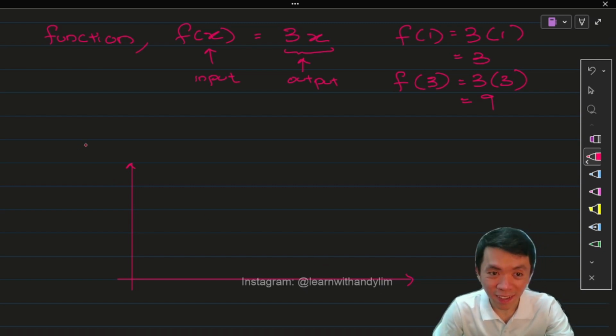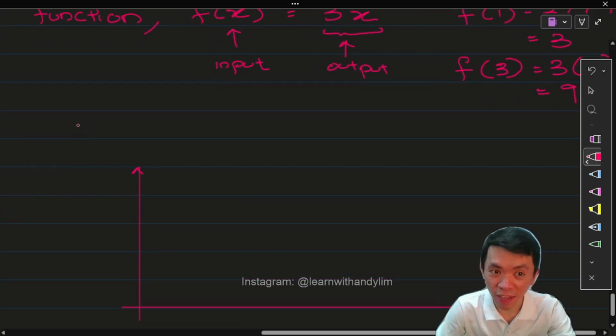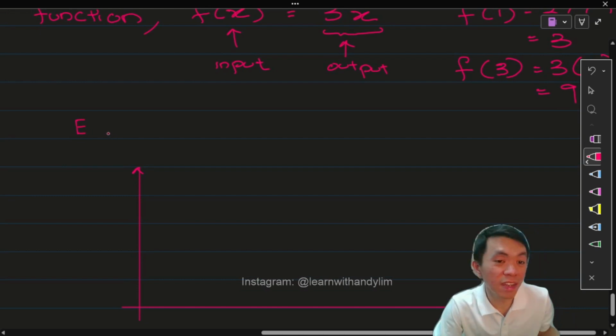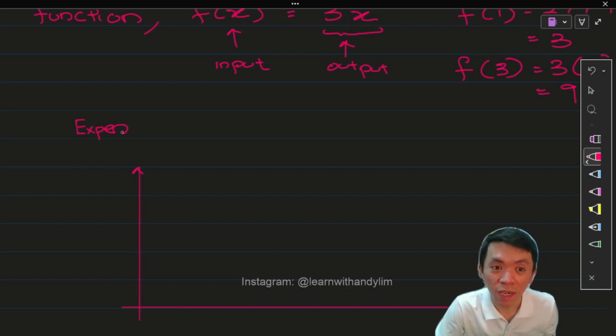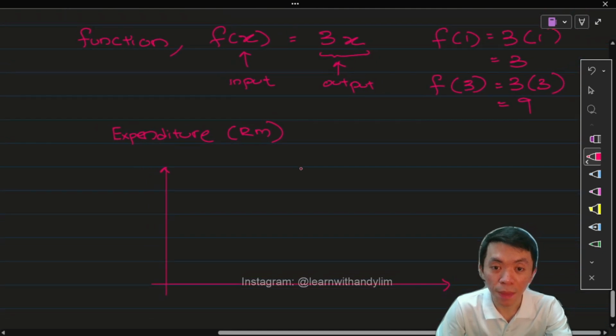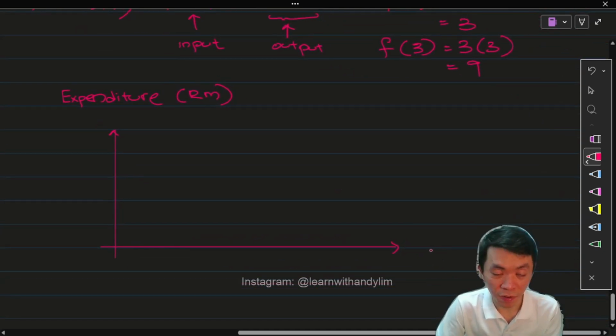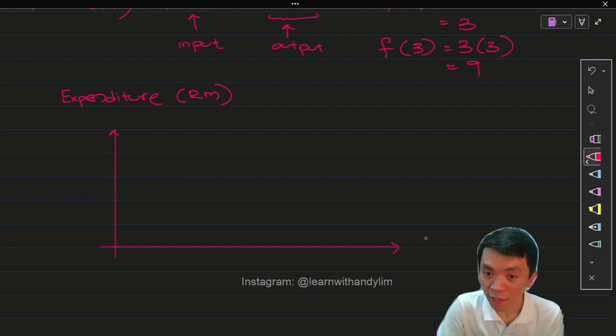On the y-axis, I'm gonna have Mr. Andy's expenditure, of course in ringgit Malaysia, RM. On the x-axis, the horizontal axis, I will label this as time. I'm gonna give it day.